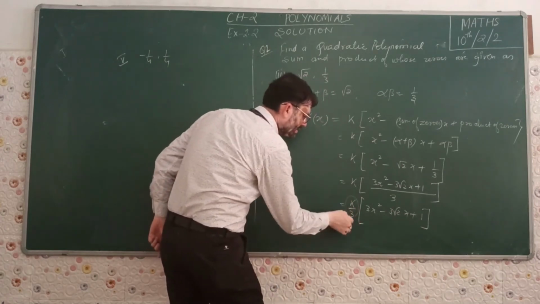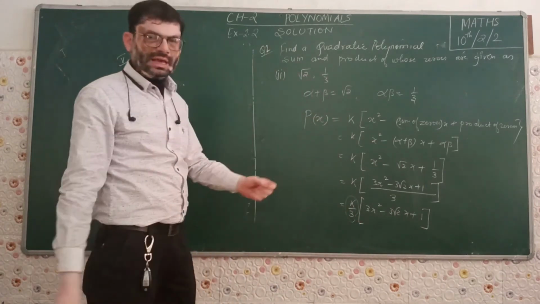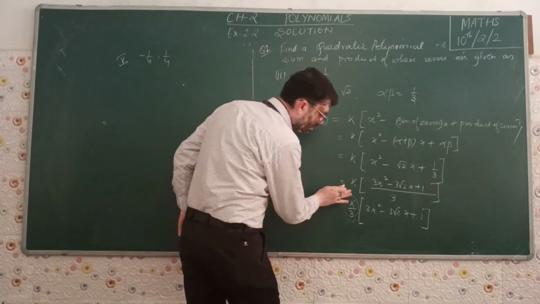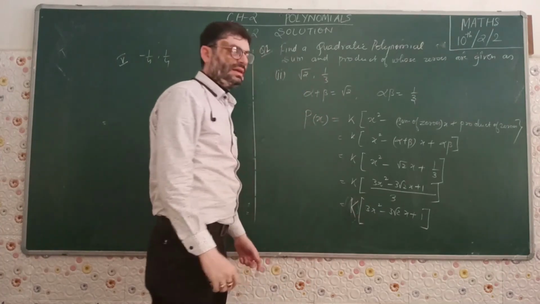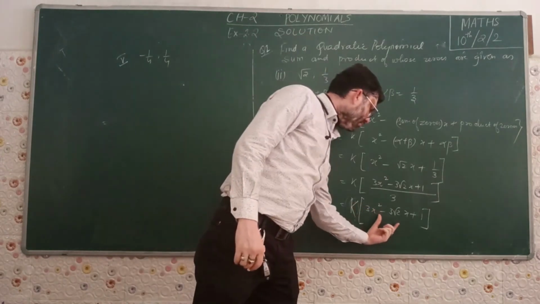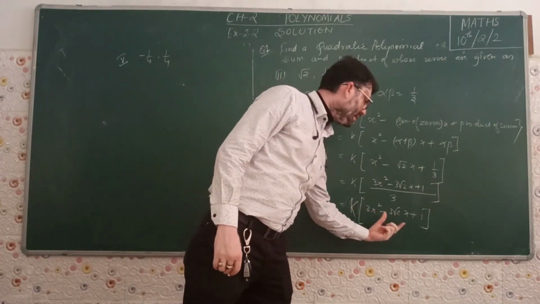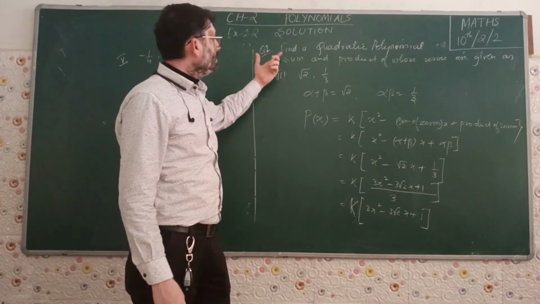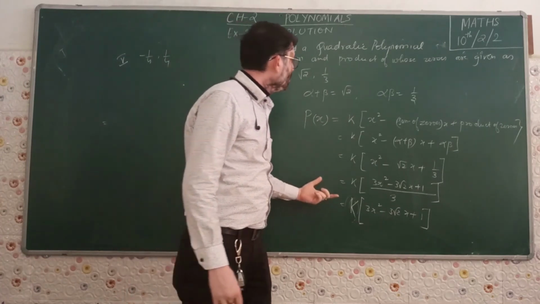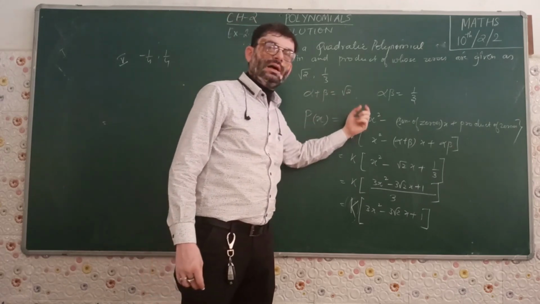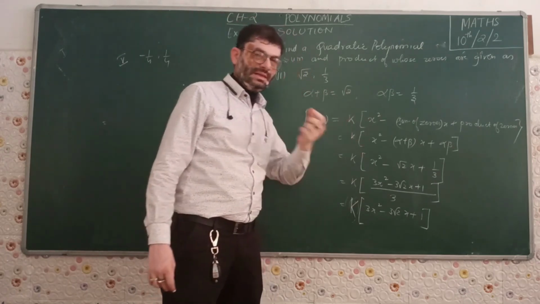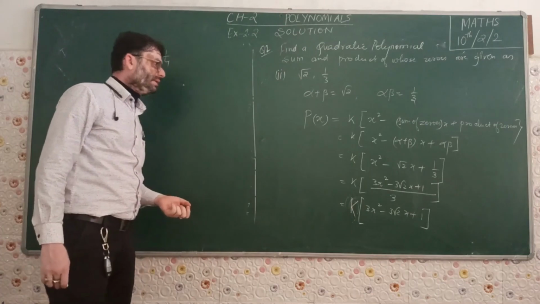Since k is also a constant, k by 3 will also be a constant, so you can replace this k by 3 with k. So this is the standard form that we have got in the form of ax square plus bx plus c, and this is the required polynomial that we are getting when sum of zeros and product of zeros are given to us by the alternative method, which I told you is the easiest method.